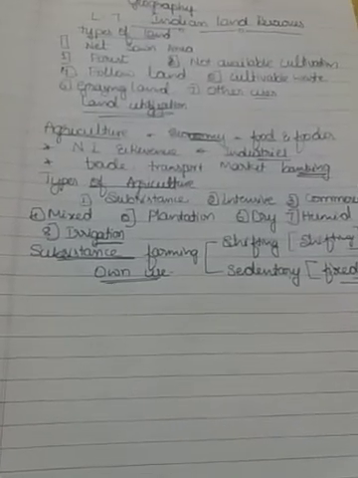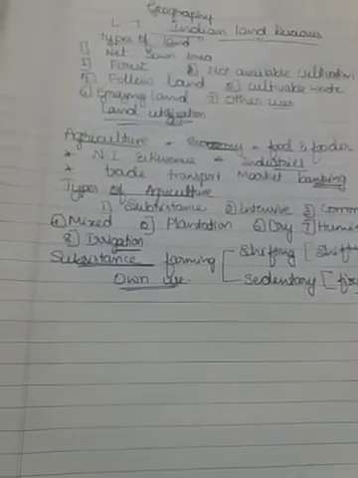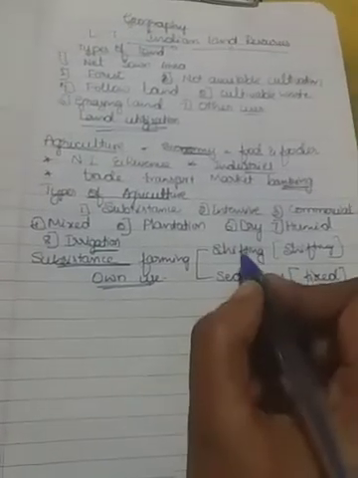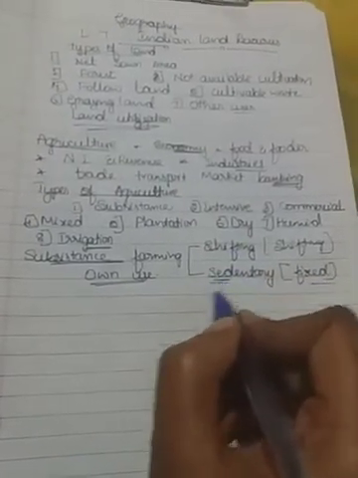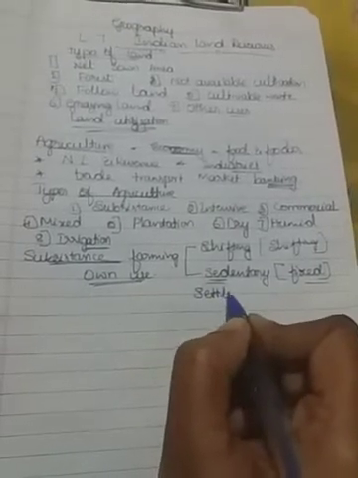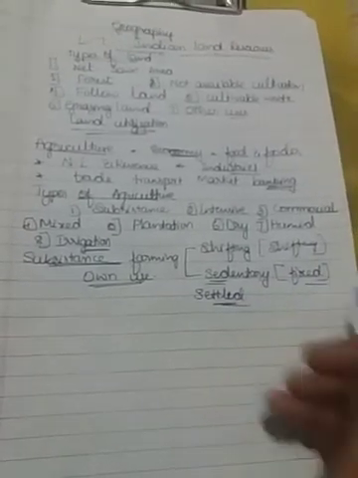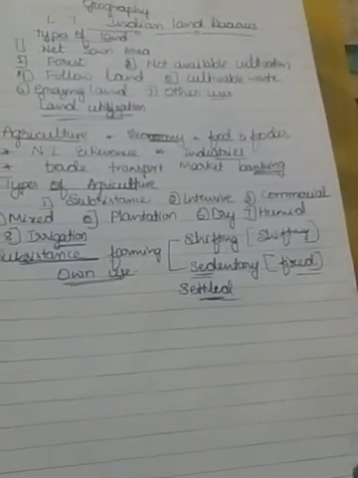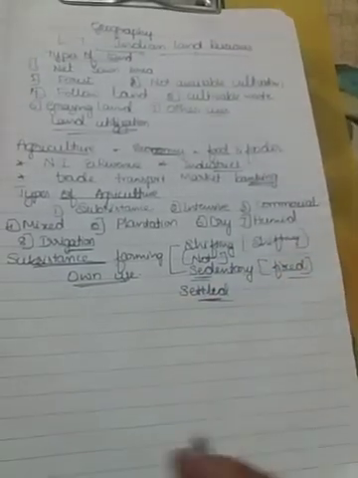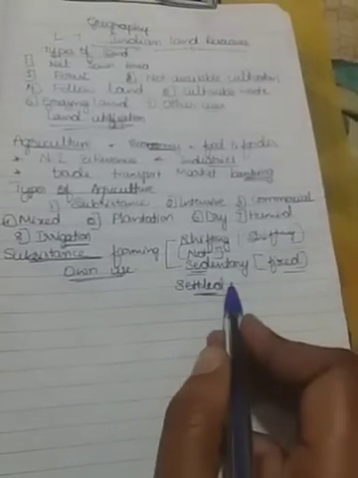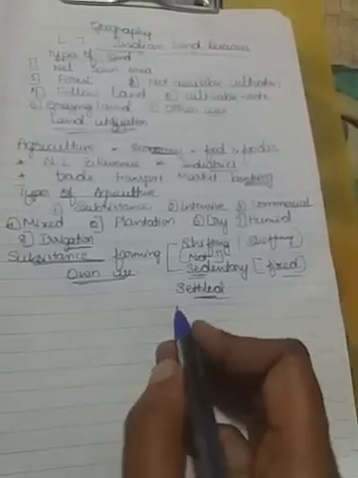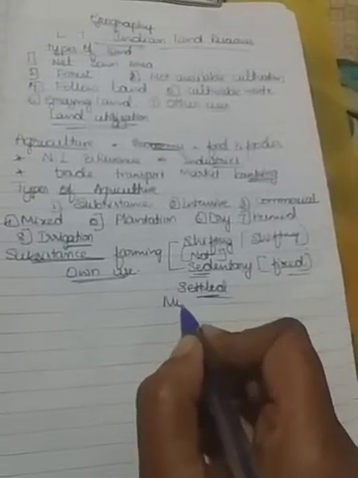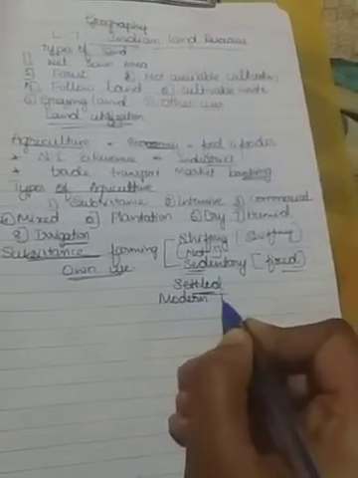Sometimes they will ask you what the differences are between sedentary farming and shifting cultivation. Sedentary farming is a settled agriculture, in the sense the crops are grown in a fixed land. But shifting cultivation is not settled agriculture. In sedentary farming they use modern methods of agriculture.